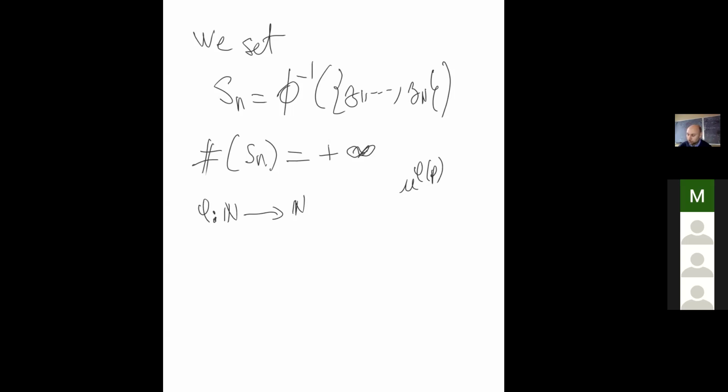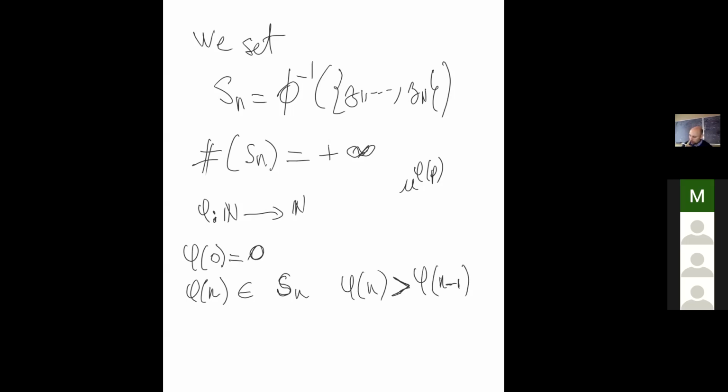I set phi of 0 equals 0. And once I know the first, I construct it again by induction, in the following way: if I know phi of n minus 1, I want phi of n to belong to Sn, and I want it to be greater than phi of n minus 1.